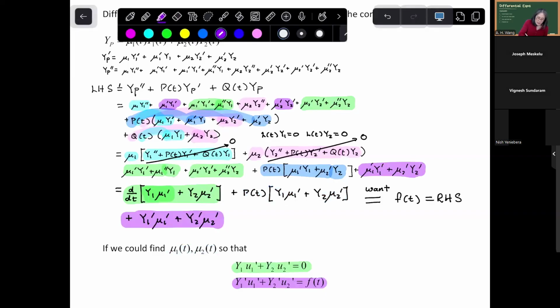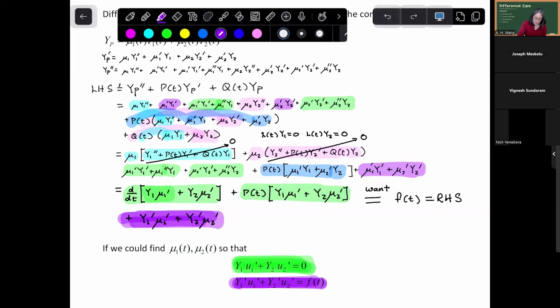Can everybody see? If we can make this guy 0 right here, then this would be 0, and this would be 0. And then if we can find mu1, mu2 so that this purple part equals f of t, then this would be equal to f of t.